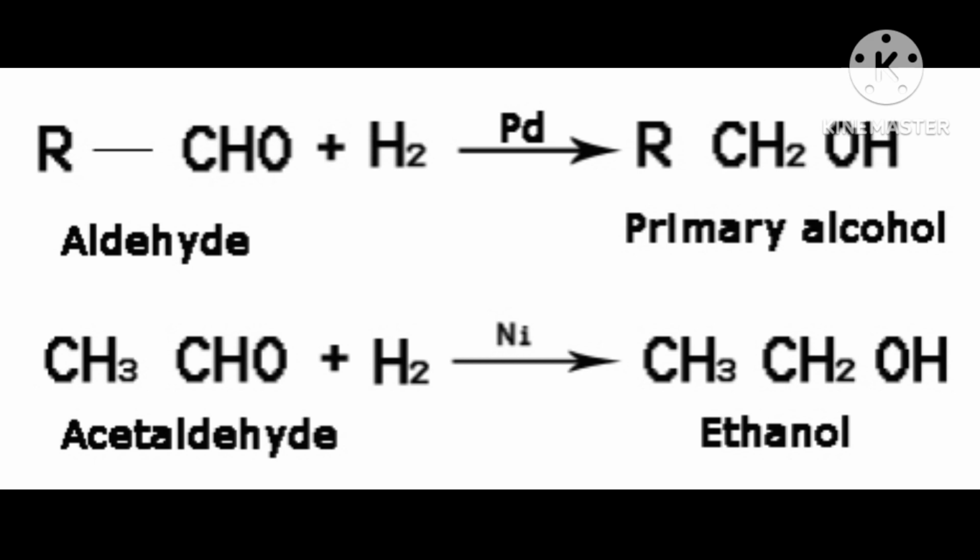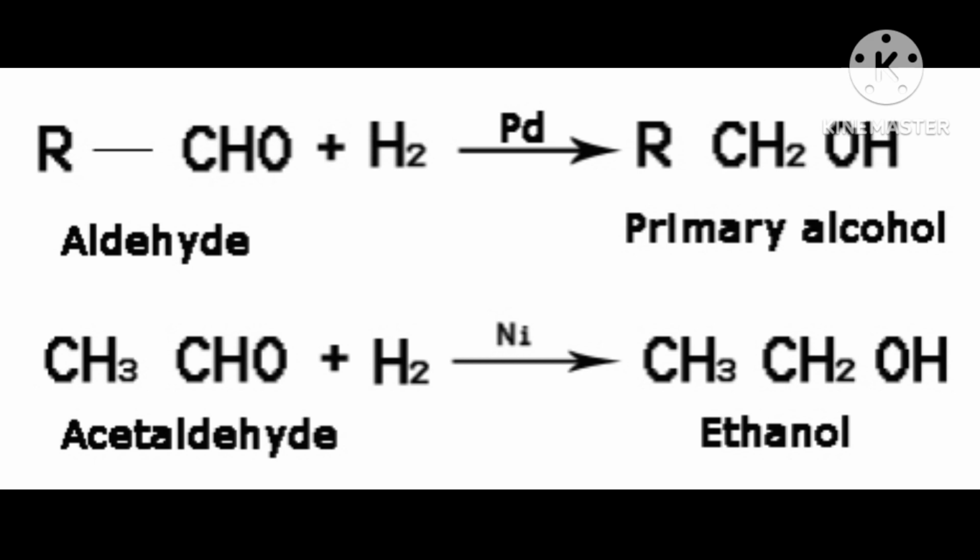One more simple mechanism you can understand is the radical-wise one, though radical reaction takes place in the presence of UV light. For understanding purposes, if the double bond breaks, one electron will be shared by each of the two atoms, carbon and oxygen.